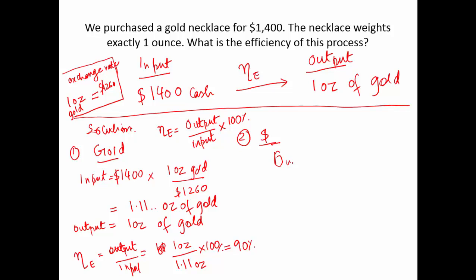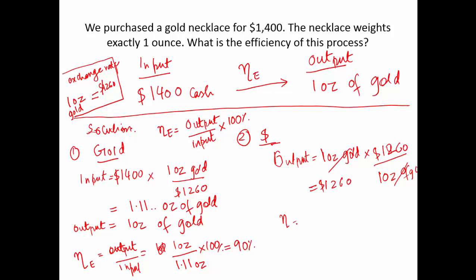We know our output is 1 ounce of gold, and we know 1 ounce of gold is equivalent to $1,260 over 1 ounce of gold. So our output is $1,260.